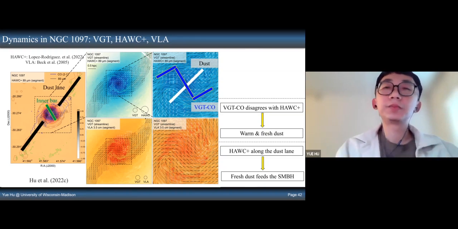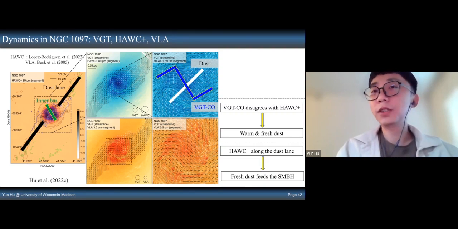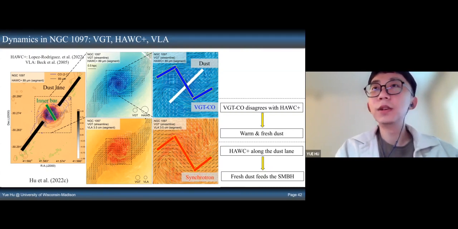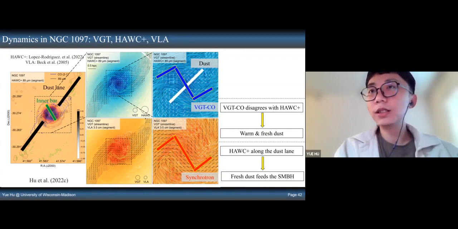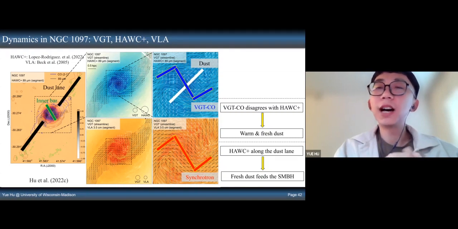And that is not observed in our Milky Way, but in the starburst galaxy. And more interesting is that the velocity gradient measurement agrees with the synchrotron measurement. But again, the synchrotron measurement is tracing gas in a warm and ionized phase. It's not expected to have this agreement.